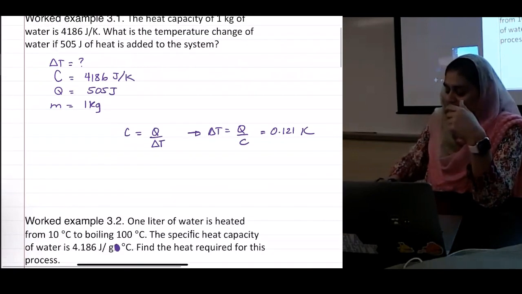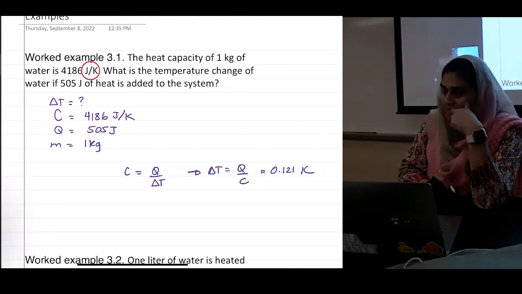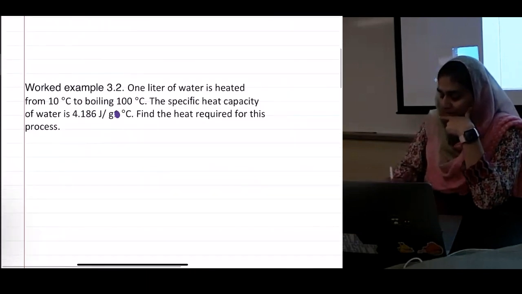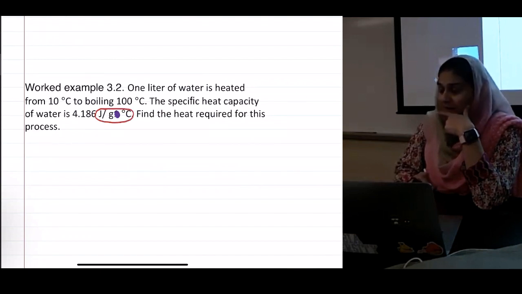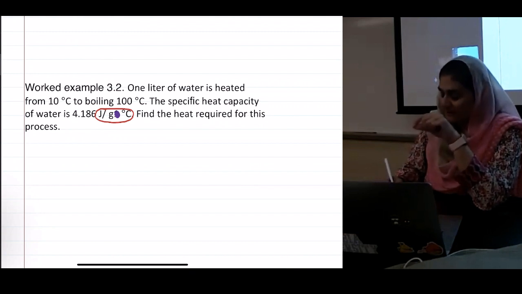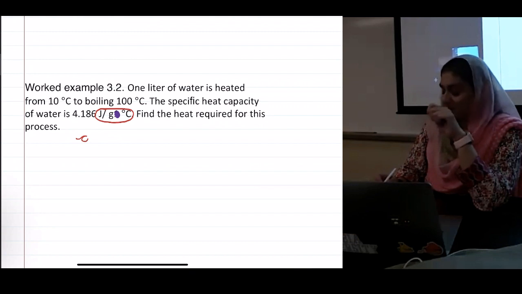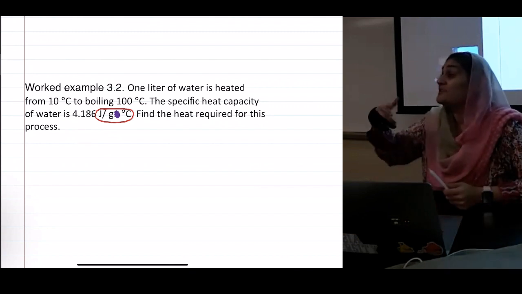If I look at this unit, it's joule per Kelvin. Look at this unit: joules per gram degrees. So in this case, which are they giving us? Small c. No. The difference is just the mass.